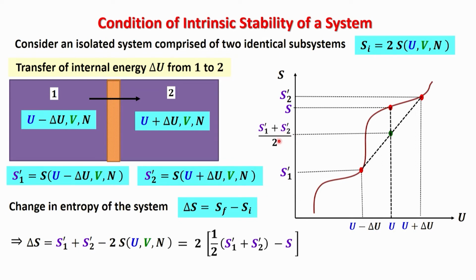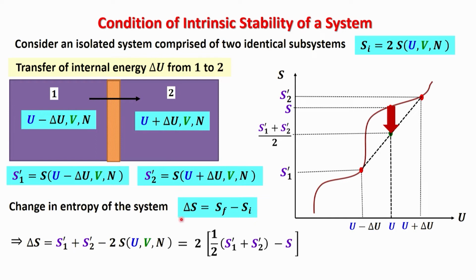Okay. Now, from this diagram, what is it that I have learned? I have learned that in this case S1 prime plus S2 prime by 2 is less than the value of S when evaluated at the same U, and that tells me that there will be a decrease in entropy as I allow the system to transfer delta U amount of internal energy from 1 to 2.